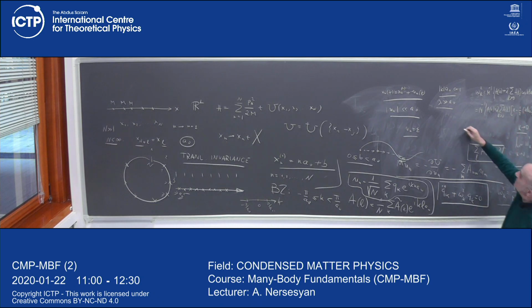So what remains is omega_k squared is 1 over m, minus sign in front, A0 squared k squared, sum over all positive L squared A_L squared.